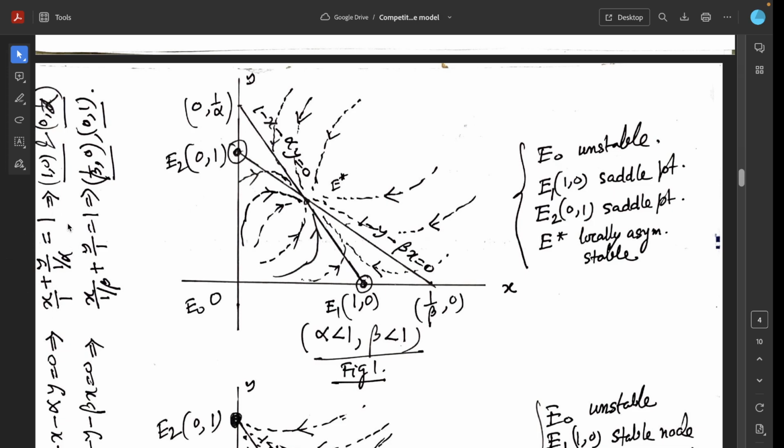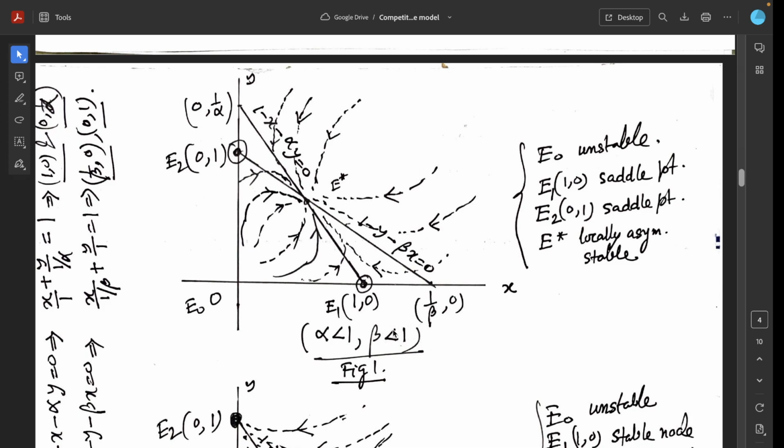So we get this straight line passing through the points (1, 0) and (0, 1 by alpha). (1, 0) is the point E1, and this straight line represents 1 minus x minus alpha y equal to 0. Because alpha is less than 1, 1 by alpha is greater than 1. So this point (0, 1 by alpha) is above the point E2 on the y-axis. And beta is less than 1.